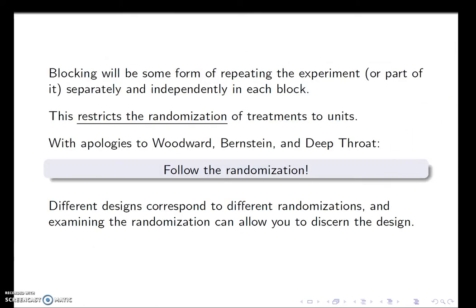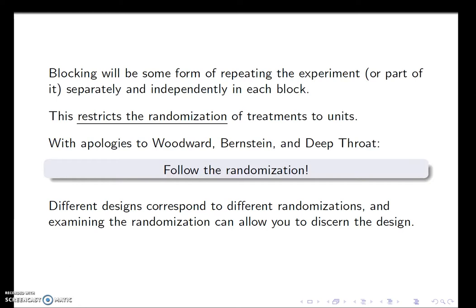Blocking is some form of repeating the experiment. You can think of it as separately within each block, but also independently within each block. And so this does create a restriction on the randomization of your treatments to units. I have a feeling you are all too young to understand this perhaps, but this is a Watergate reference.